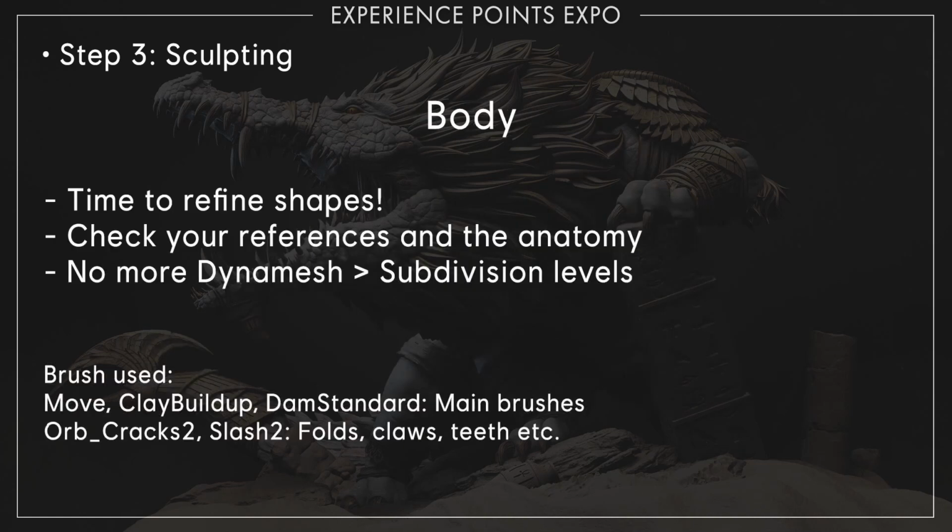So it's time to refine the shape. I started working on the anatomy by starting with the primary shapes. And at that point, I was using a lot of my references and the anatomy images I gathered of all the animals.